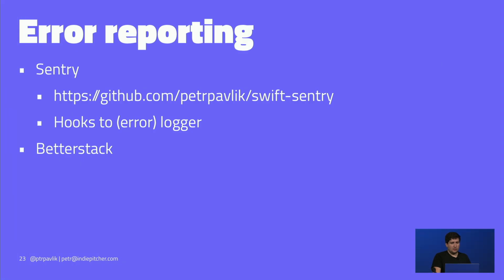Now, error reporting. I use Sentry. I forked this repo created by someone else and kind of revived it to work with Vapor 4 and that kind of stuff. But this actually works. It's not tied to Vapor. It works with anything.